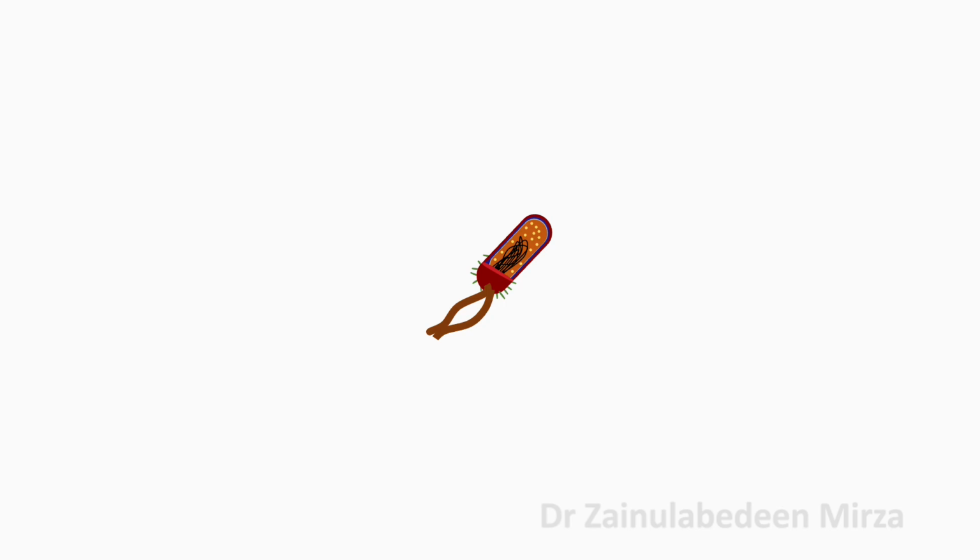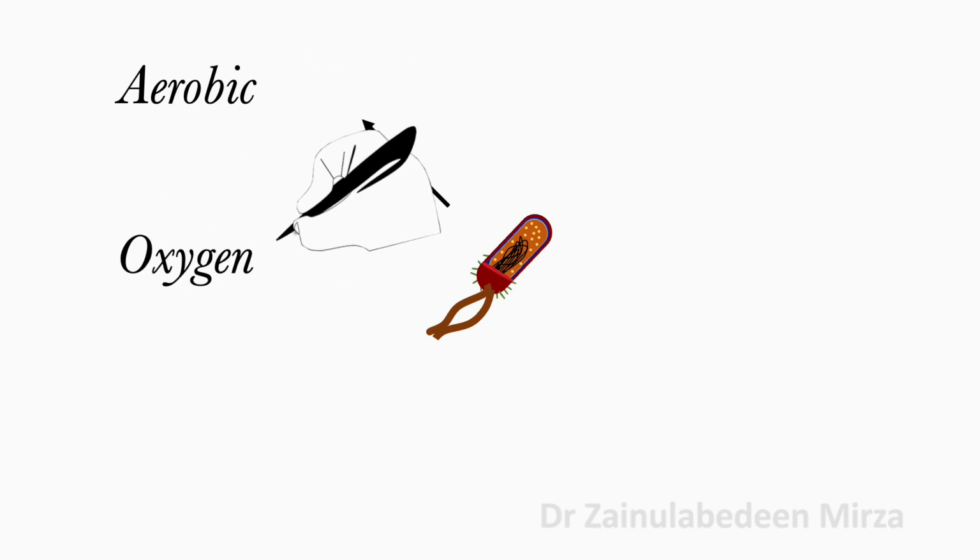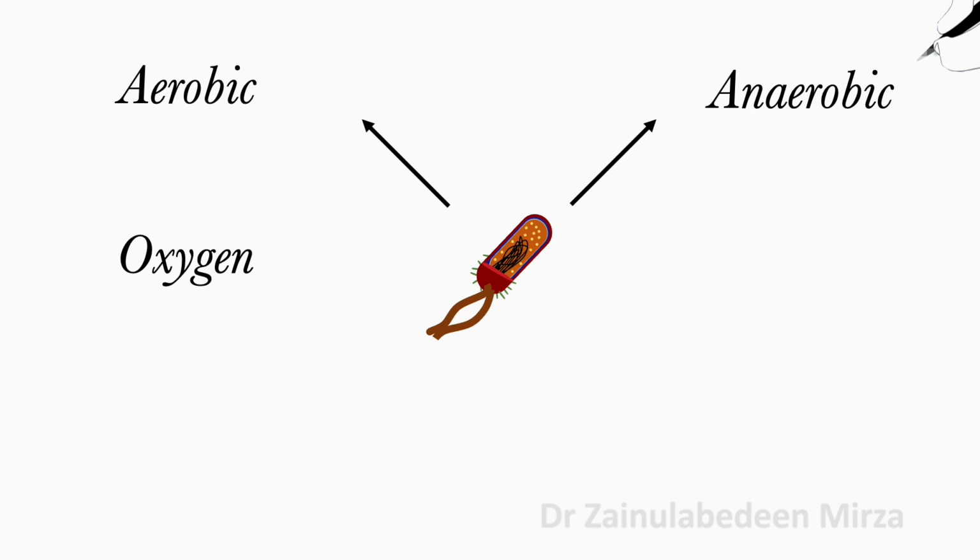Bacteria consist of a single cell with a protective wall. Some bacteria are aerobic, which require oxygen, and are therefore more likely to infect a surface area such as the skin or respiratory tract, while other bacteria are anaerobic, which do not require oxygen.